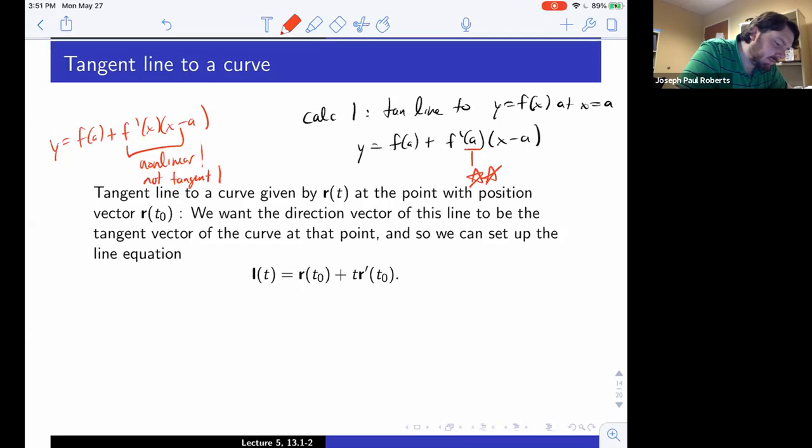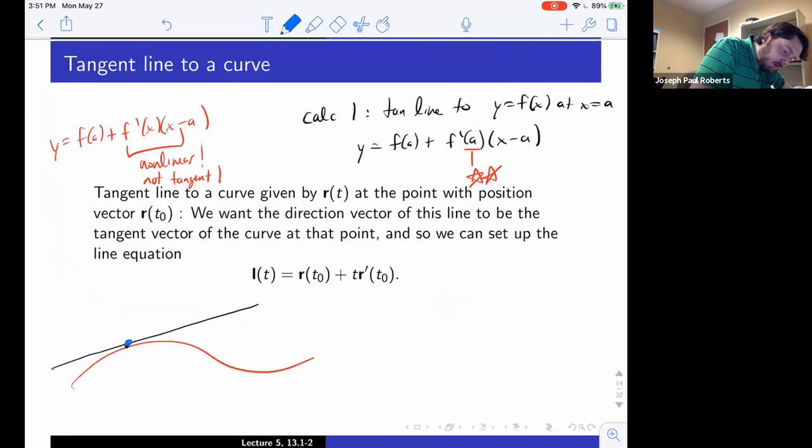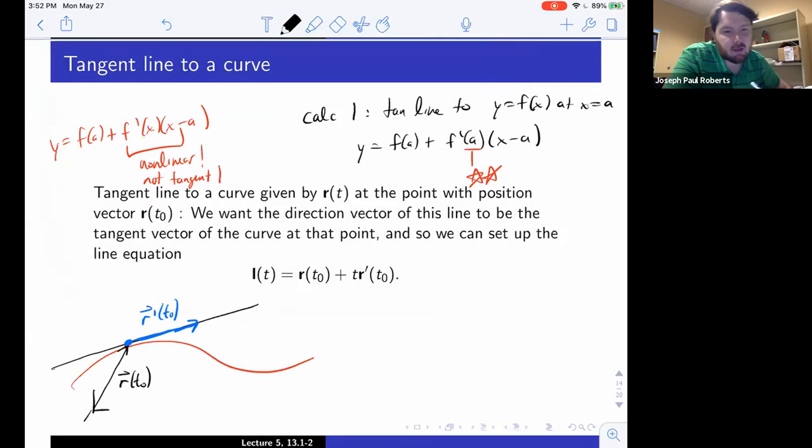And so if you think, okay, I have my curve, I want this tangent line, well, because the tangent vector is tangent to the curve, that's what we'll use as the direction vector for the tangent line. The whole idea is that we're drawing the tangent line at a specific point. So let's say r of t naught is the point on the curve at which we're trying to draw the tangent line.